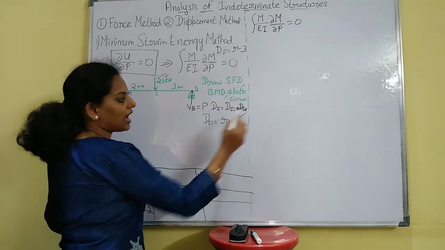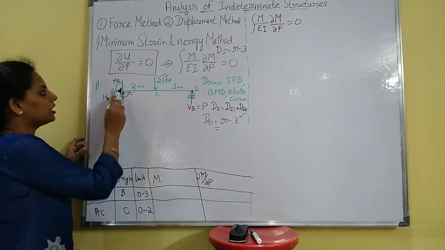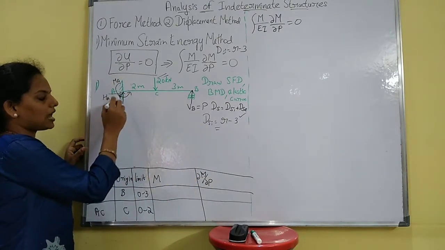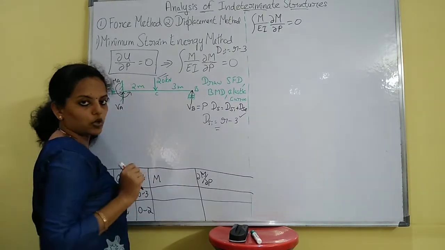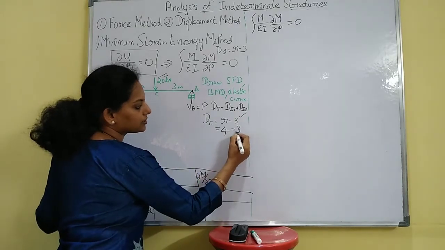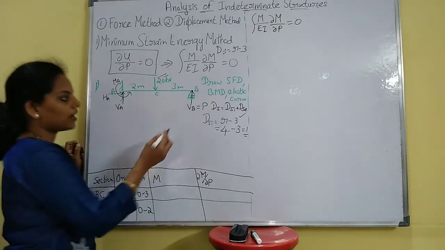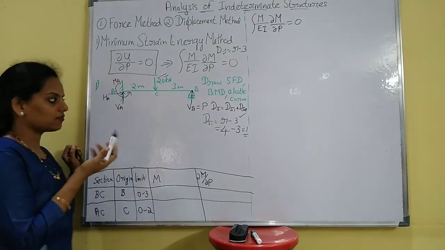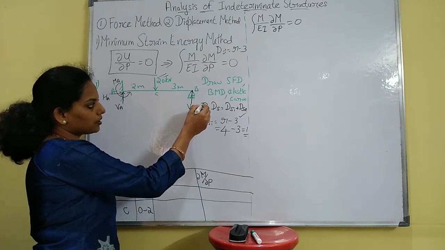The DSI formula is R minus 3. R is the number of reactions. For the fixed support you have 3 reactions, VA, HA and MA, and for the roller support you have 1. So 3 plus 1, R is 4. 4 minus 3 is equal to 1. Here the number of unknown forces is 1, so you can assume either VA or VB. Just assume VB as P.